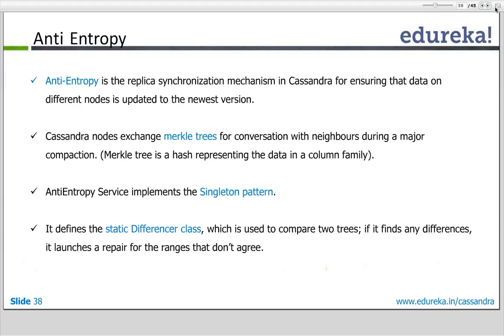A particular node has its own primary copy. It stores the primary copy of the data. That primary copy might be different column families as well, right? And then it has a secondary copy that comes from the node sitting next to that particular node, right?